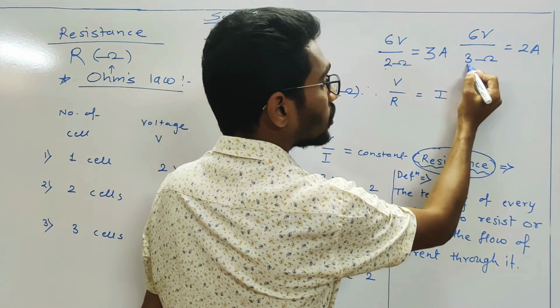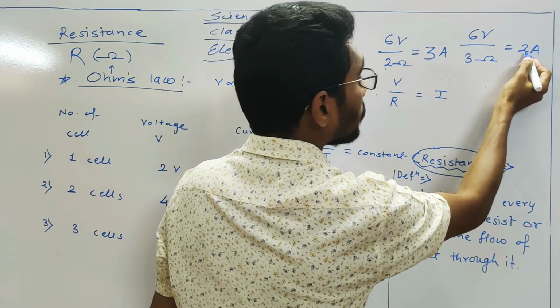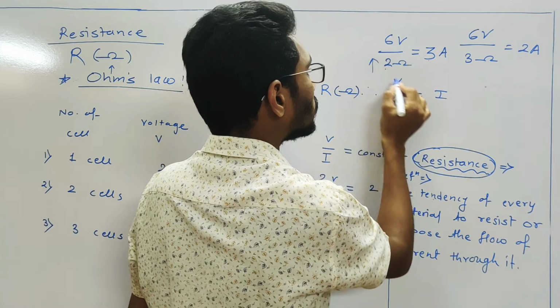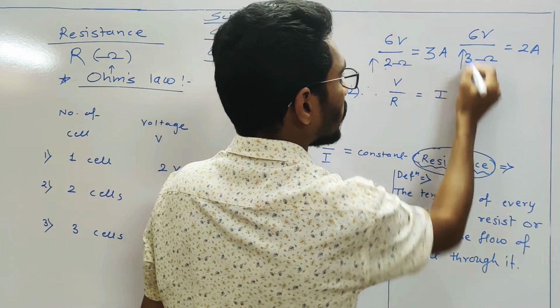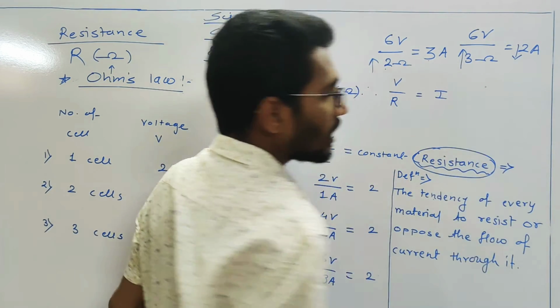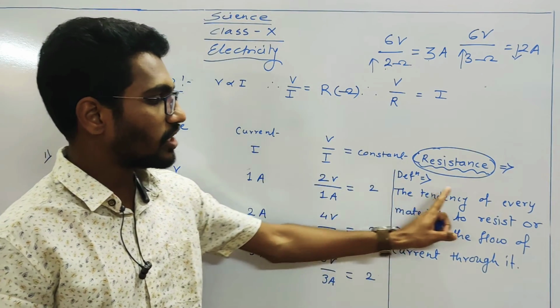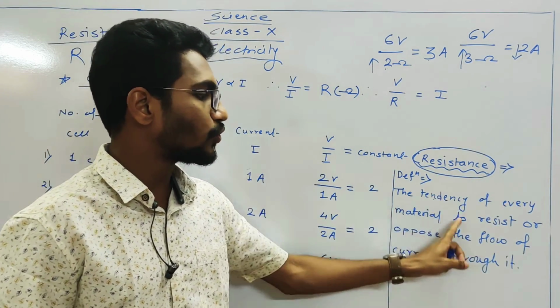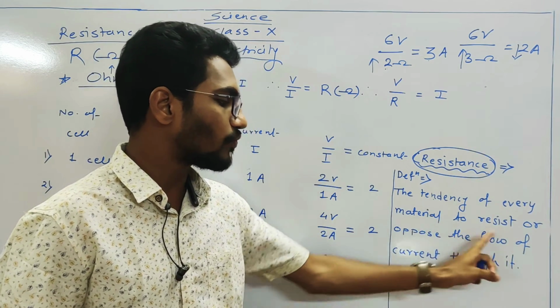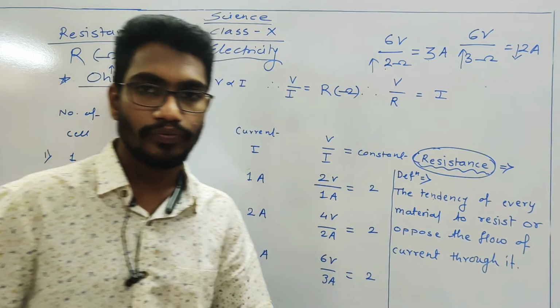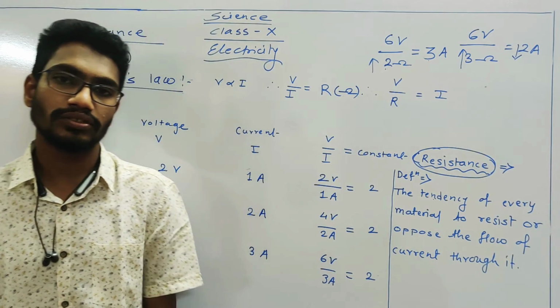Now here the opposition is 3 ohm, so current will be 2 ampere. So if you increase the resistance, the amount of current will be less, because resistance is nothing but the tendency of every material to resist or oppose the flow of current through it. Is it clear what is meant by resistance?